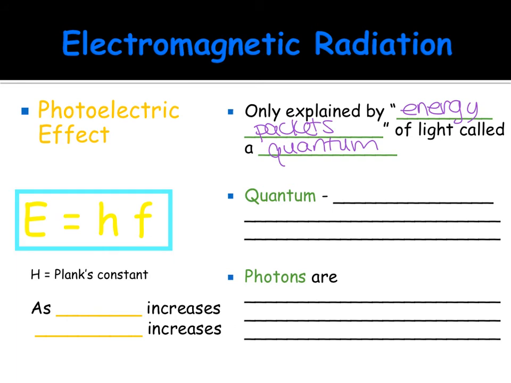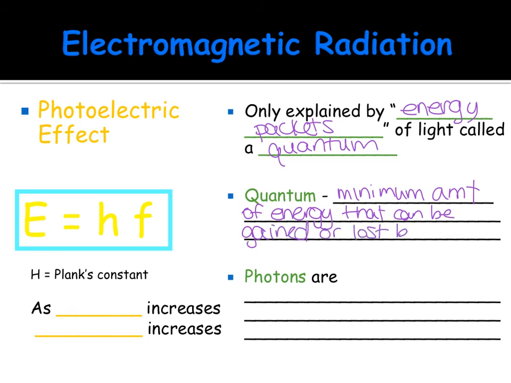So a quantum is the minimum amount of energy that can be gained or lost by an atom. And this gives us our photons.